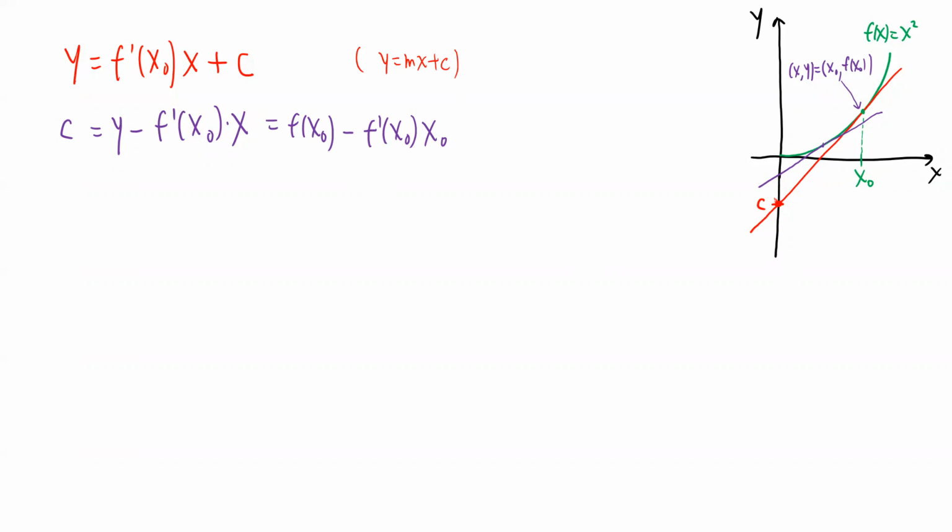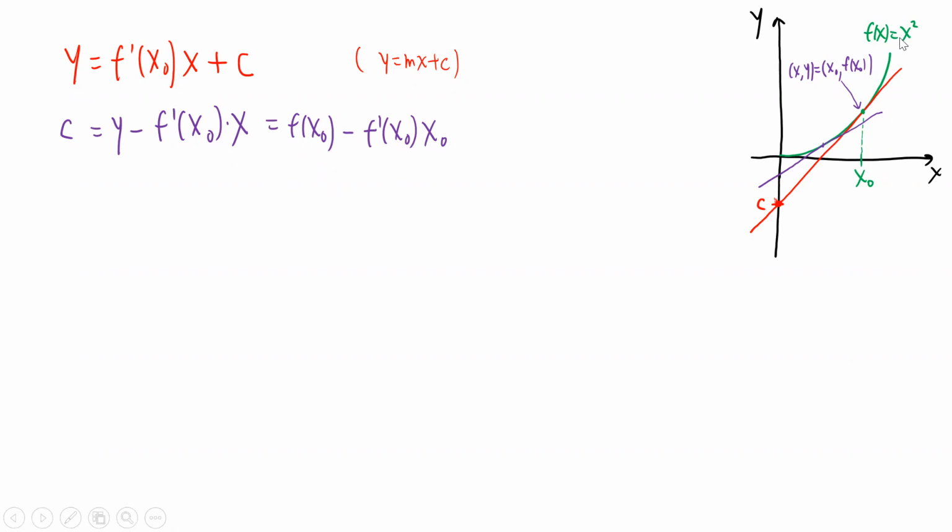So now you can see that C is a function of x naught, the x naught that you pick. I'll just simply say that C is a function of x, so you just call this x. This is a kind of new function, but it is closely related to the original function that we were talking about, the x squared.